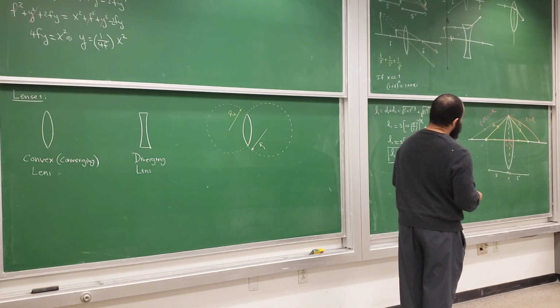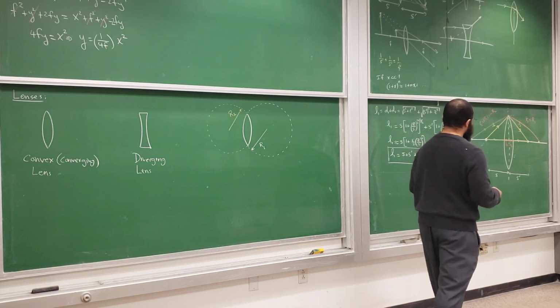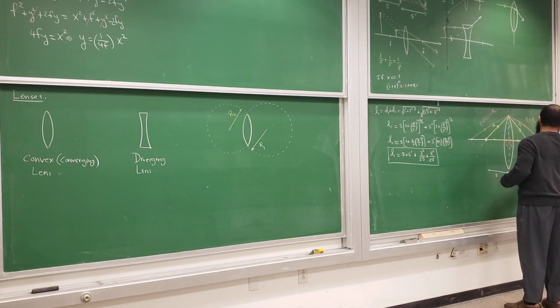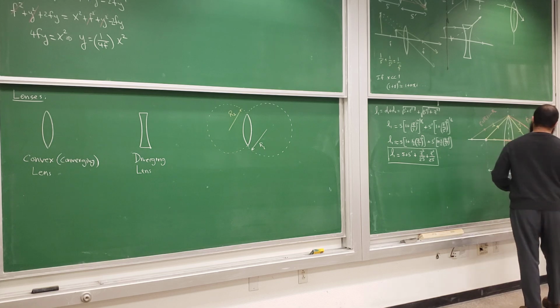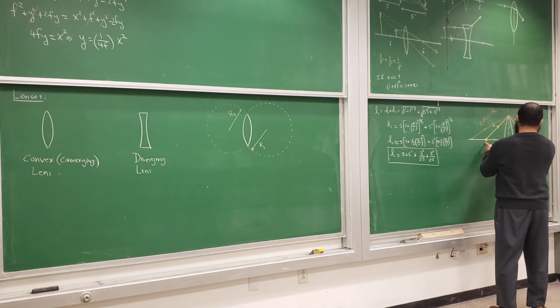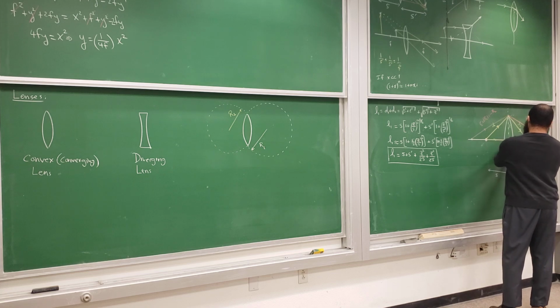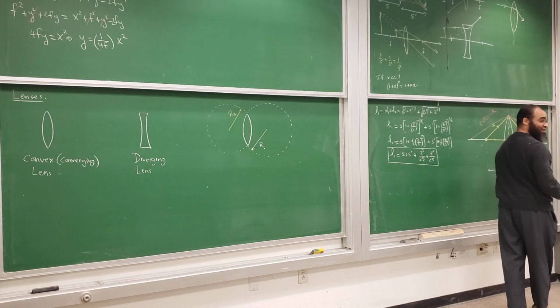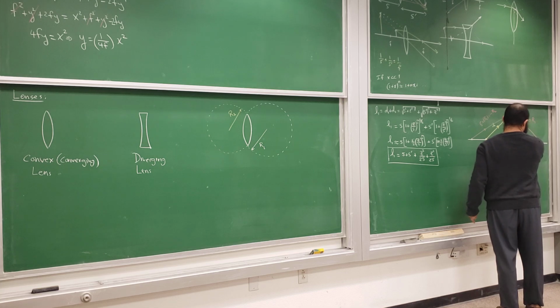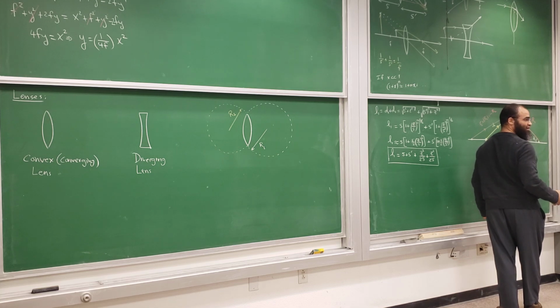All right, so we need to get this. So let me call this angle here theta 1. And I'm interested in getting this distance plus this distance plus this distance plus that distance. But this one here, remember, the speed of light here is affected by the index of refraction.